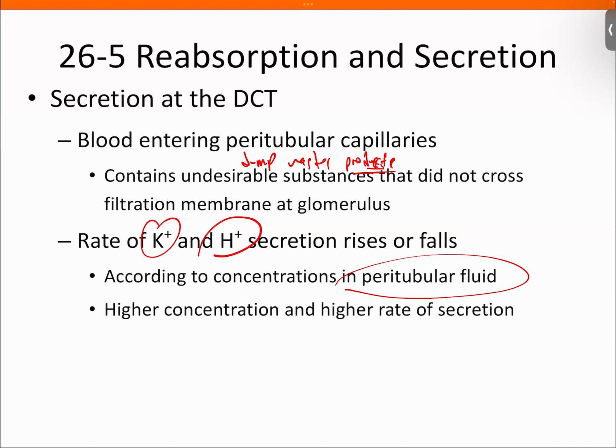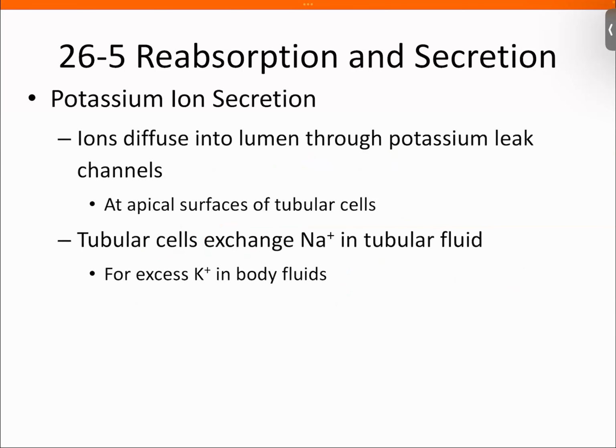The hydrogen is basically a final adjuster on pH, just to make sure that everything is right. So ultimately, from the potassium and hydrogen perspective, the potassium will move into the lumen through leak channels, and then they will exchange with sodium in a sodium-potassium sort of mechanism.